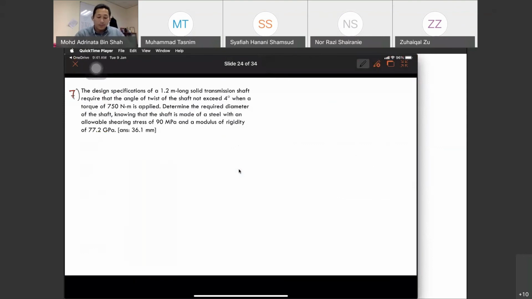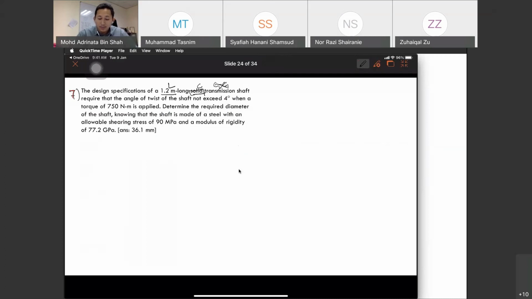The design specification of 1.2 meter long, 1.2 L, solid maksud dia C lah, okay, C. Shaft require that the angle, solid ni bukan hollow lah. Kalau hollow dia ada C minus C, C2 minus C1 kan.